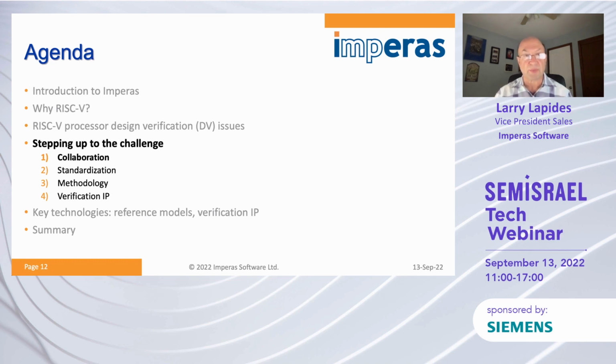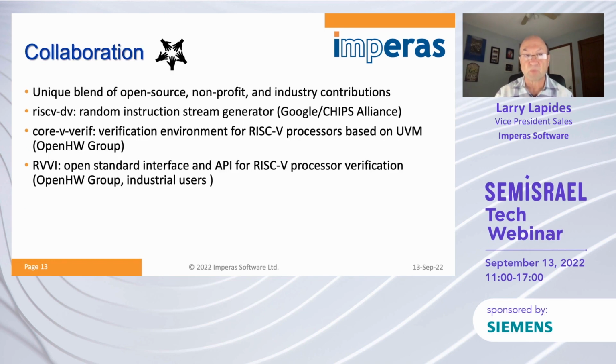So how are we stepping up to the challenge? Let's start by talking about collaboration. Imperas is collaborating with this unique blend of open source, nonprofit, and industry partners. For example, working with Google and Chips Alliance on RISC-V DV, a random instruction stream generator.